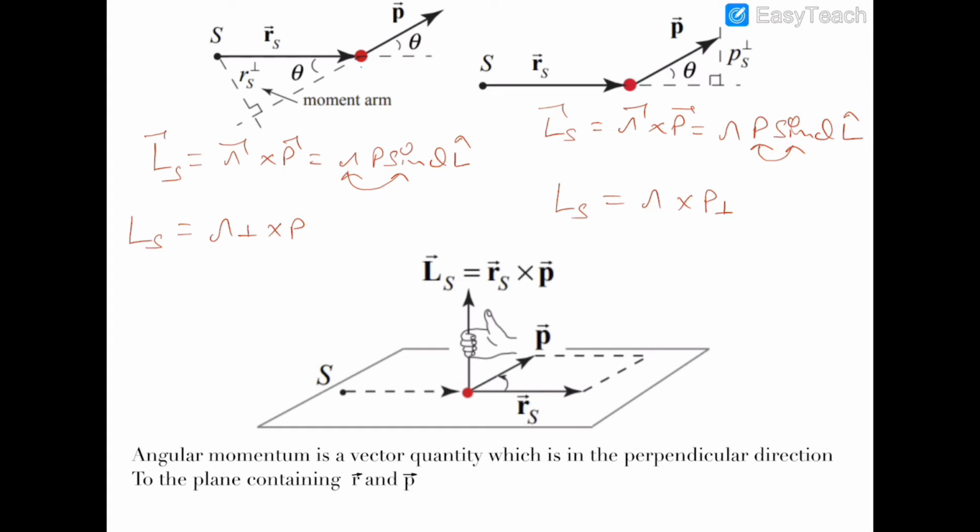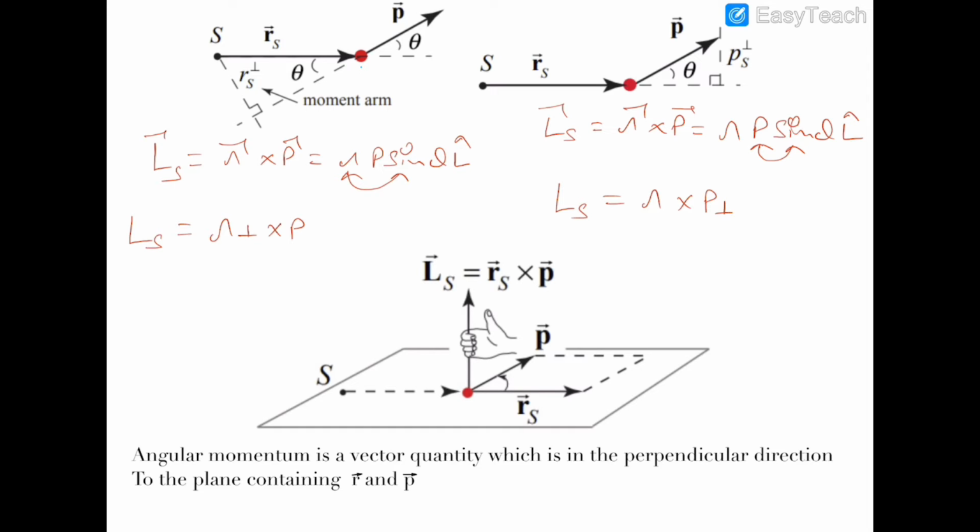So to determine the direction of angular momentum, let us see this scenario: if angular momentum is equal to rS cross p, then rS is written before p, so we have to curl our fingers of right hand starting from rS towards p, like that. If we curl our fingers like that, then the thumb, which is opened straight, will be pointing in the upward direction. Therefore this thumb would be representing the direction of angular momentum.